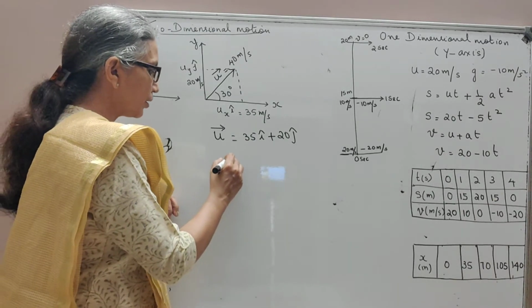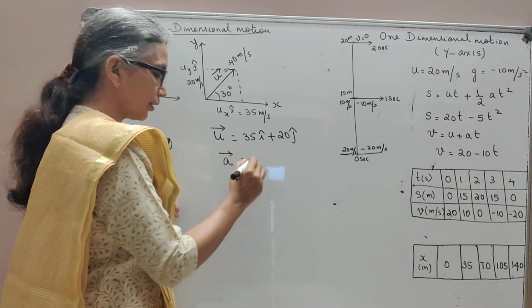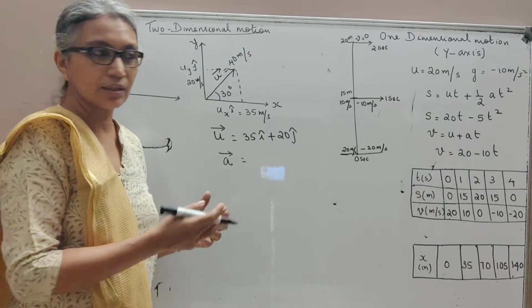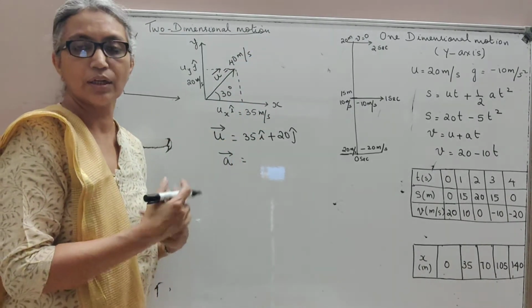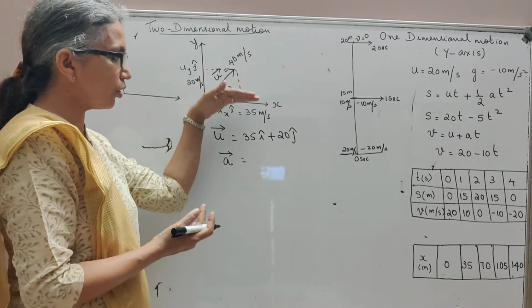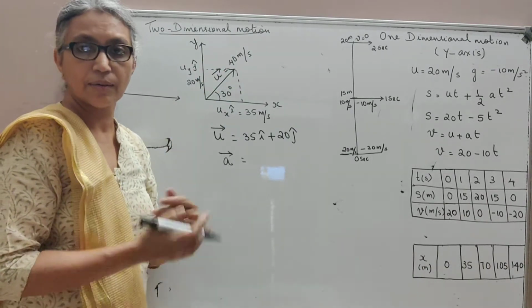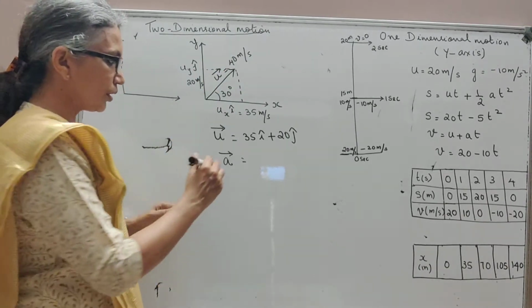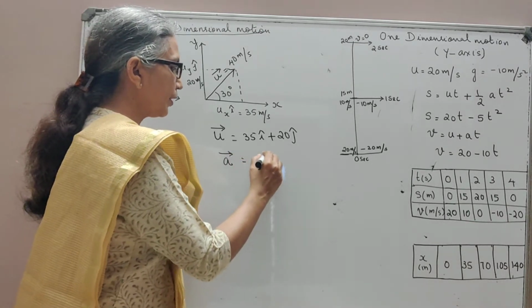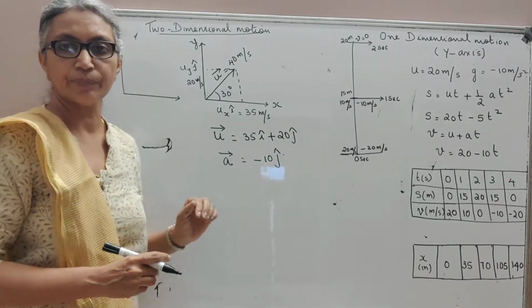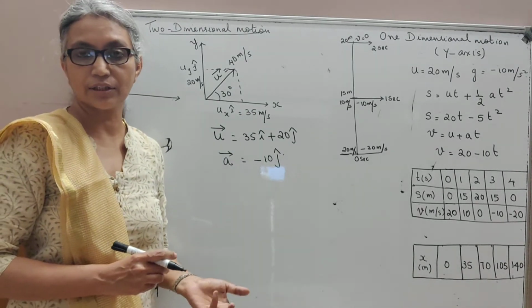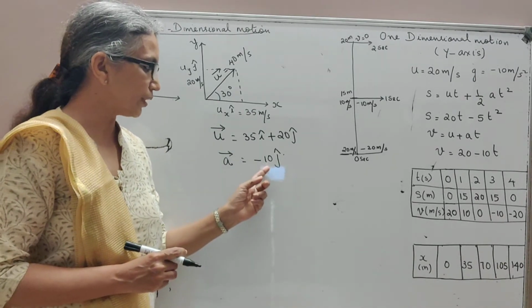Now, acceleration. So this body also has acceleration. The acceleration can also be two-dimensional. The acceleration is also a vector which can have its components along the x-axis and the y-axis. But to keep things simple, I will take acceleration as minus 10 j cap. That means once I project the body, it is only under the acceleration due to gravity, which is minus 9.8.